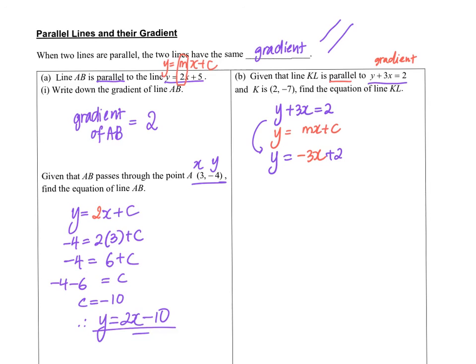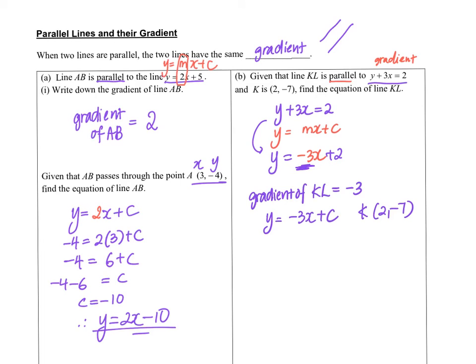This is the line that KL is parallel to. If KL is parallel to this line, what's the gradient of this line? That means the gradient of KL will be the gradient of this line, negative 3. So now I know the gradient of KL is negative 3. So the equation for KL will be y equals negative 3x plus c. How do we find c now? They tell me K is the point 2, negative 7.